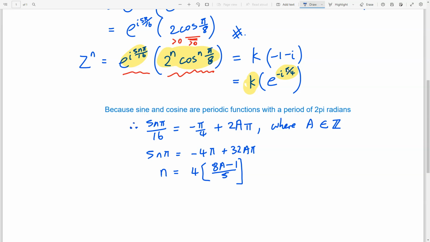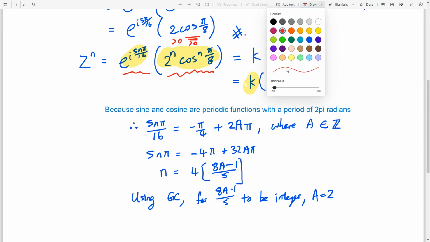We want to make this an integer because n is the smallest positive integer. Here you can use your GC. For (8a minus 1) over 5 to be an integer, we want the smallest value of a.